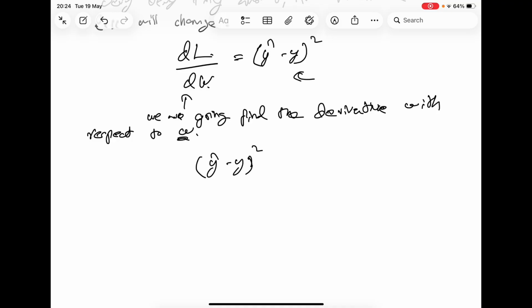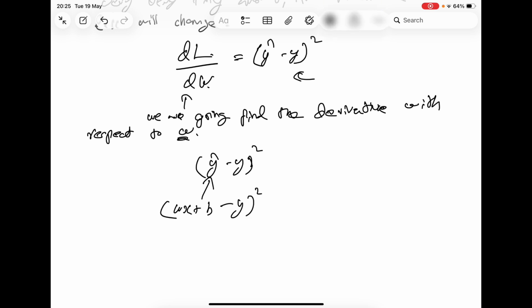So if we closely look here, what is this y hat? Y hat means the predicted output, right? How does this predicted output come? It comes from our linear regression formula, wx plus b, and y is just our real output.